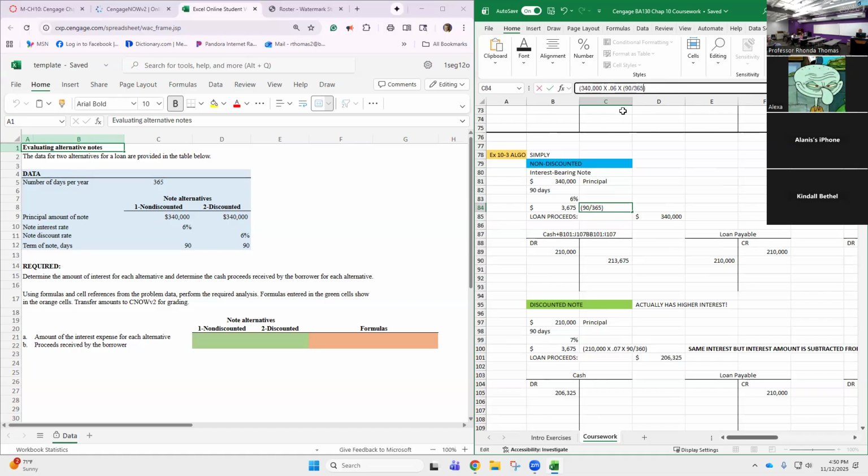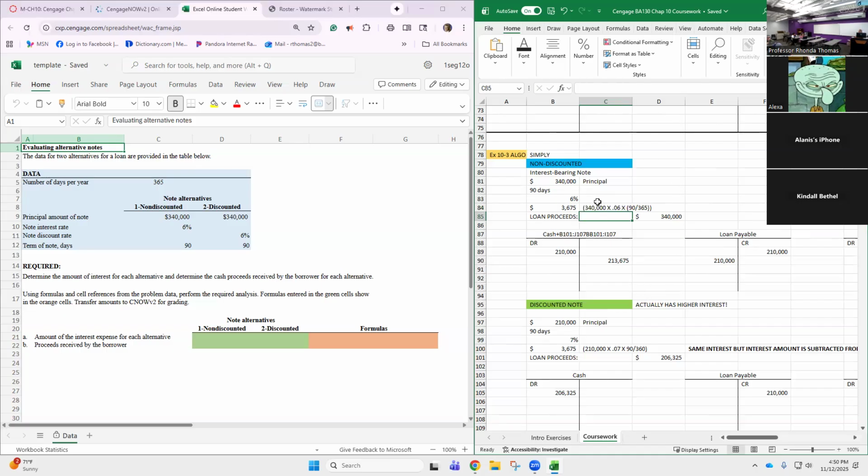Can you believe they just changed this since we taught this last? They're wanting us to divide everything by 365, because in the real world, that's what you do. There are 365 days in a year, unless it's leap year, but we don't really worry about leap year too much.